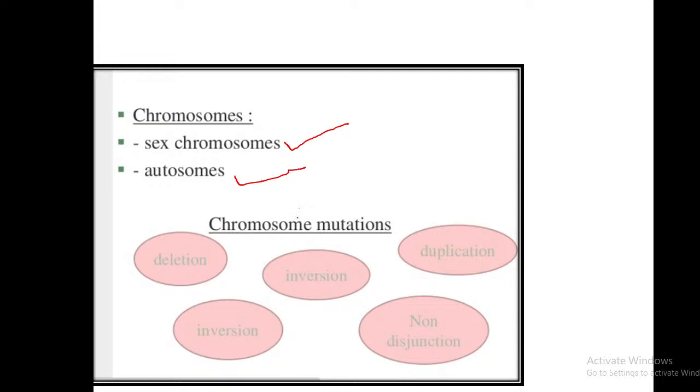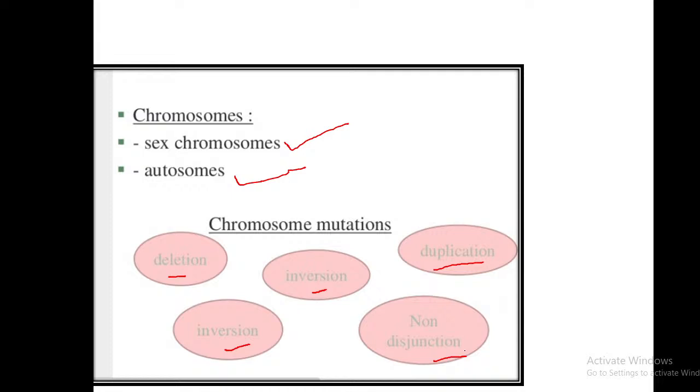In chromosomal mutations, we said chromosome mutation can be due to deletion, inversion, duplication, or non-disjunction.